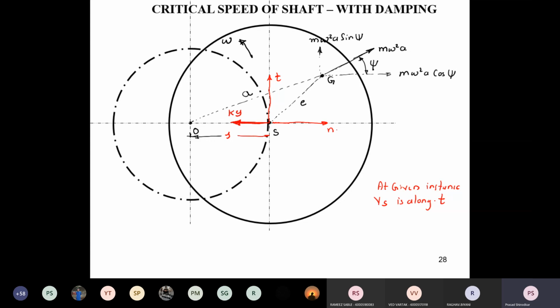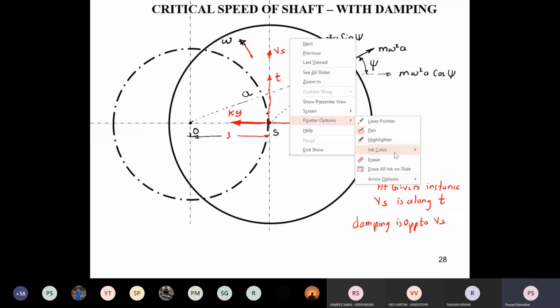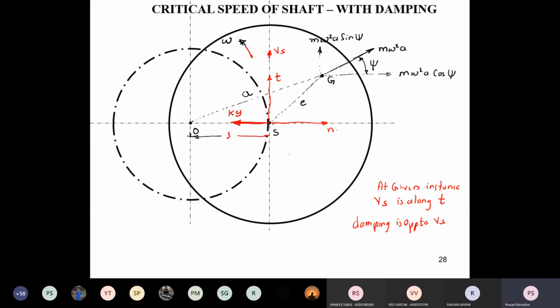And if you remember, the damping force is opposite to Vs. So if the velocity of point S is along t, then the damping force will be vertically downwards. So this is your C omega y.